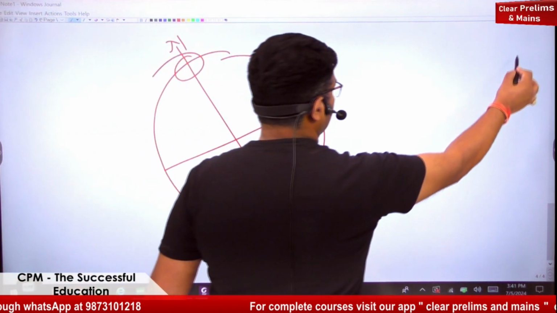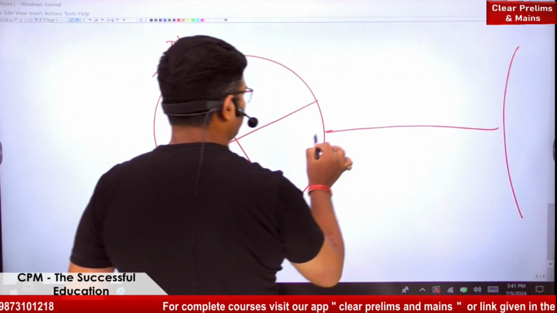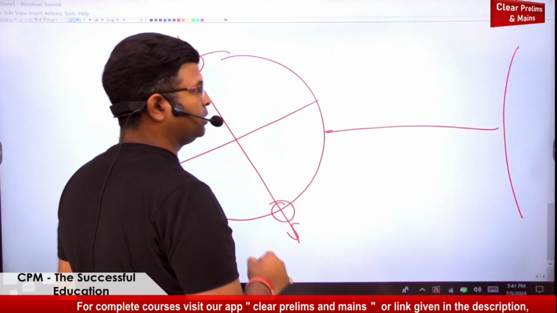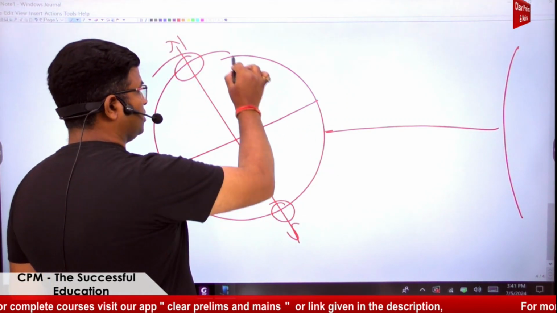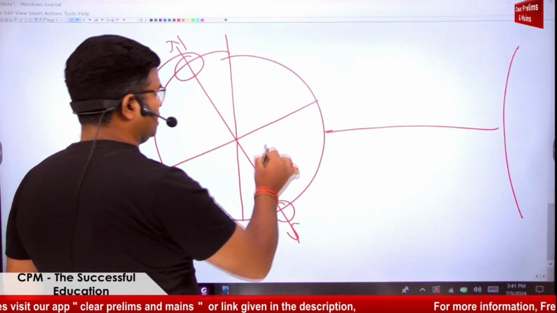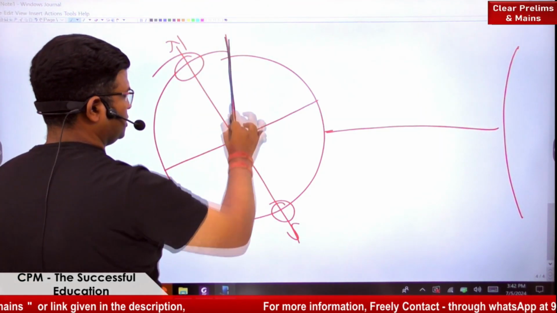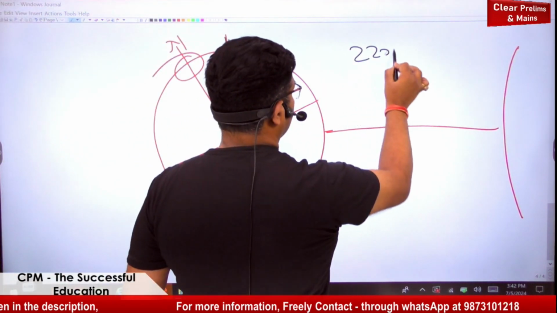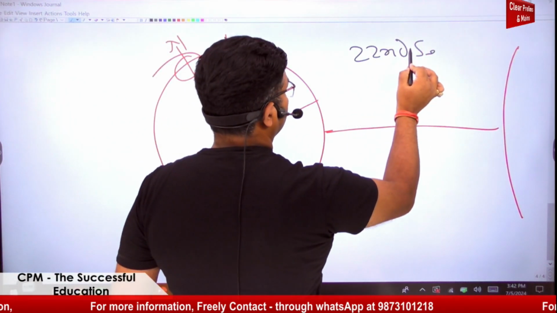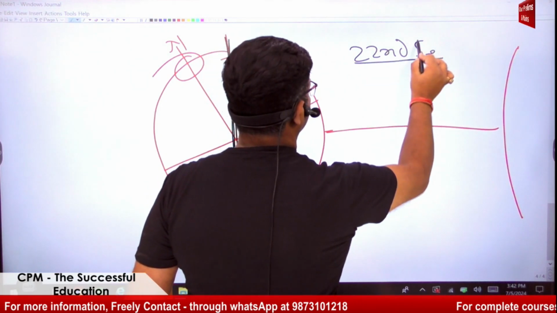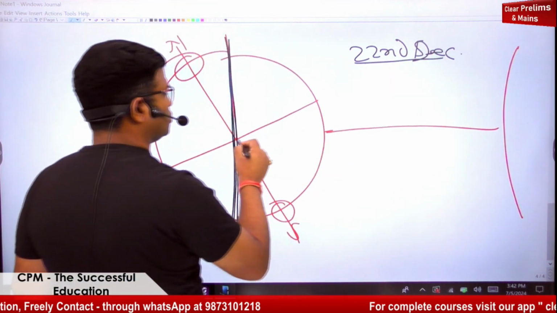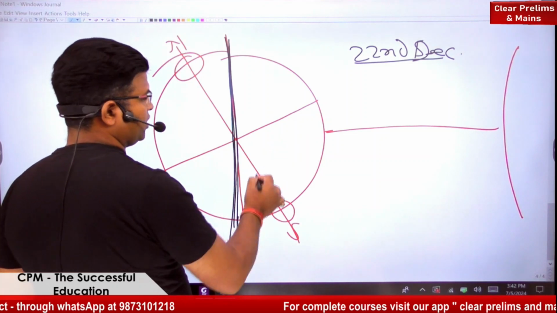When the sun rays are falling vertically over the Tropic of Capricorn during the month of December, this much of the region is receiving light. On 22nd December, the southern hemisphere receives this region.